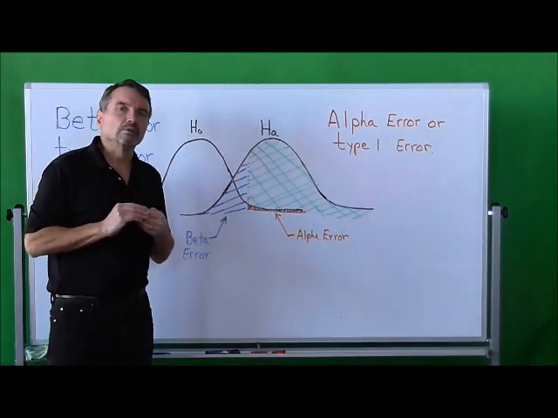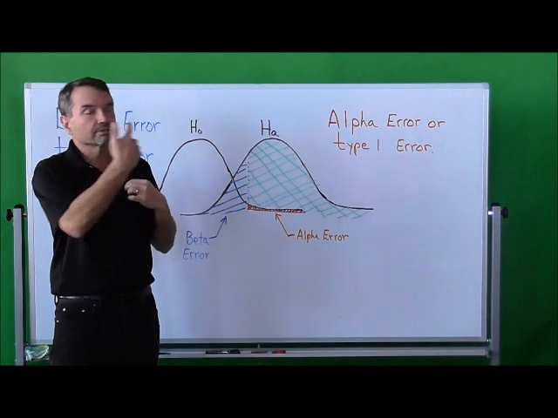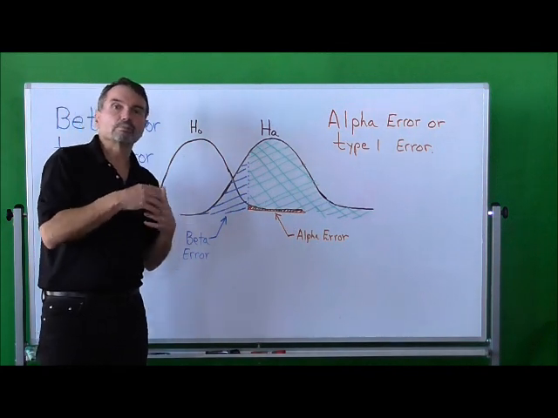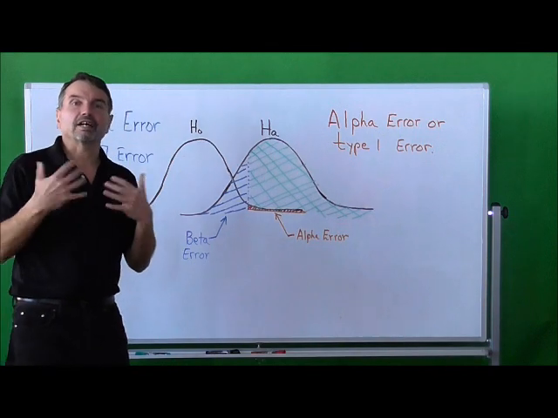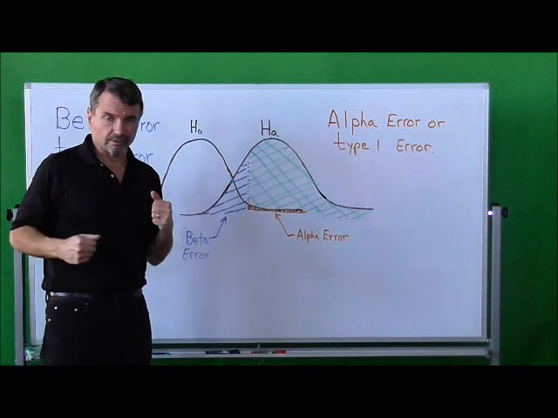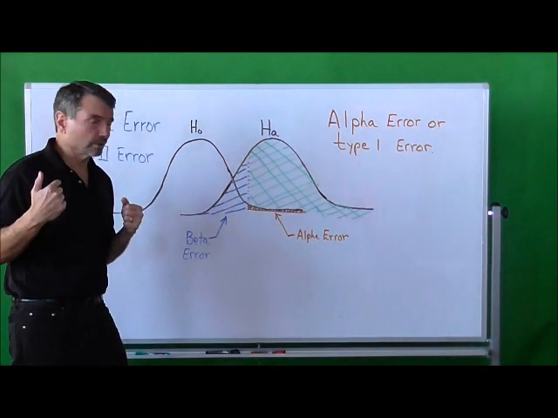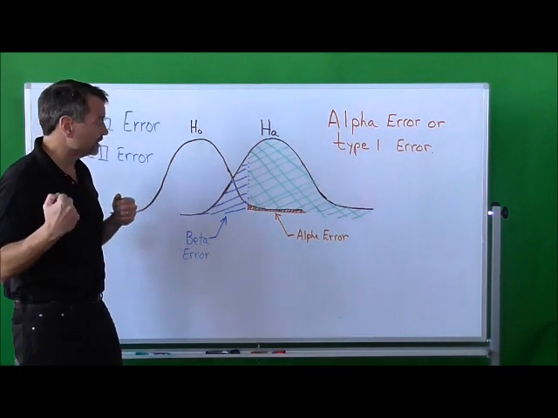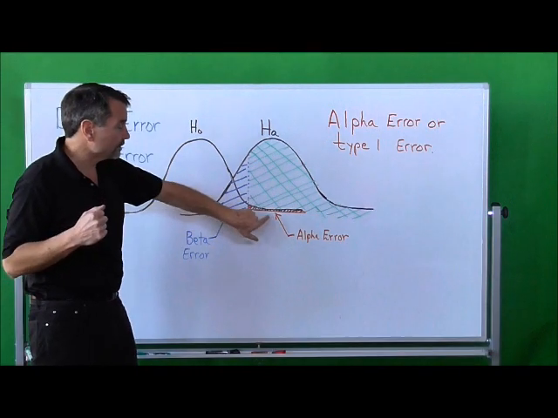The alpha error was the error commonly associated with the courtroom, when we put somebody on trial and they actually didn't do it, and we found them guilty. In the experimental world, a very close analogy to that is the red zone over here.